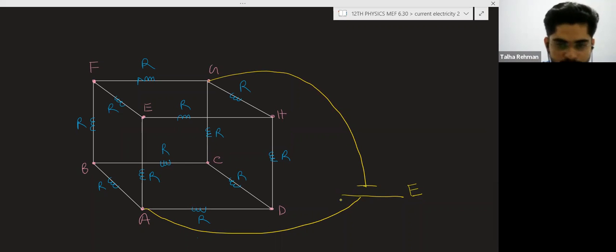Just see this now, what will happen? This is the positive terminal and this is the negative terminal, and current flows from positive to negative. So suppose the current is coming from here like this.